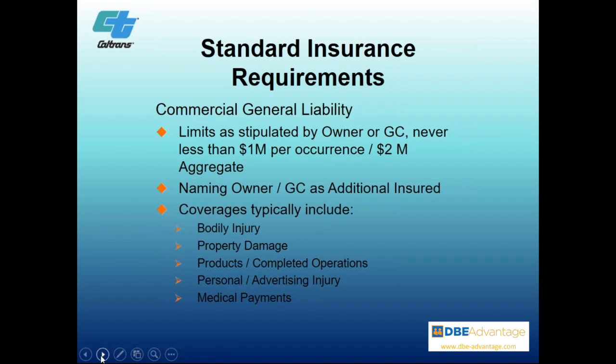The coverages typically included are bodily injury, property damage, products, and completed operations. They want to make sure that things get done. It's not just started, but the actual work is completed. Personal and advertising injury and medical payments are included as part of those standard requirements.